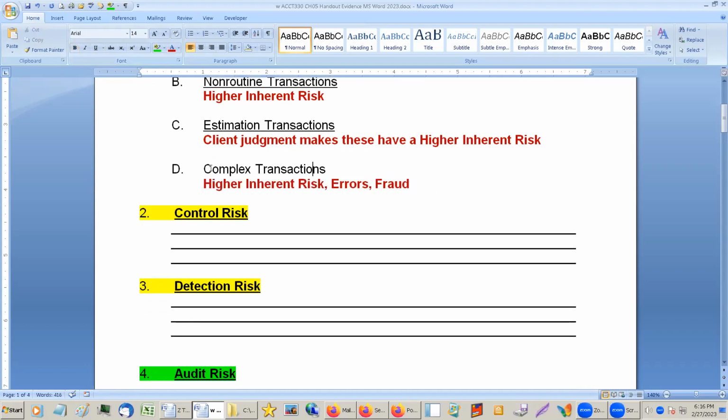A lot of times, if there is a fraud, they will try to hide it in very complex transactions. And so when you run into complex transactions, it should be a red flag that you've got to figure them out. You cannot simply take their word for it.